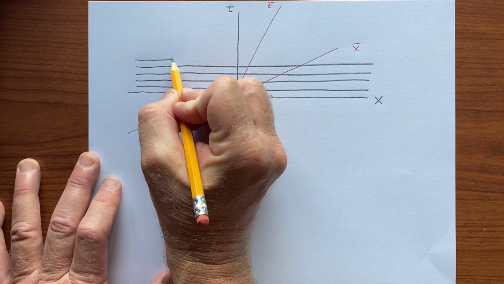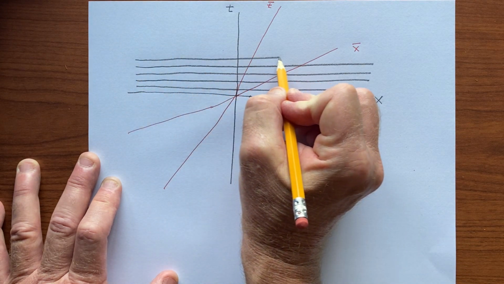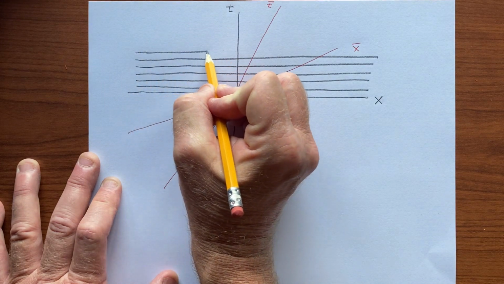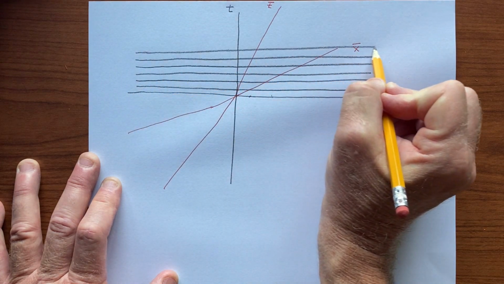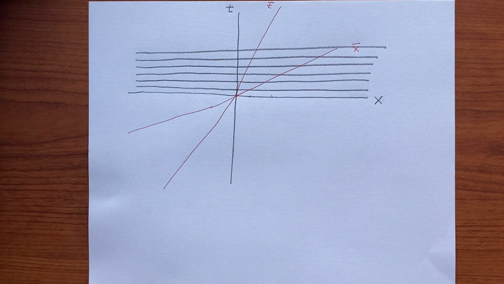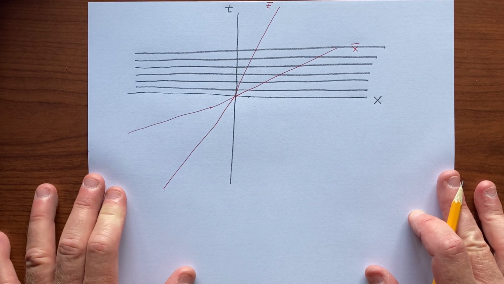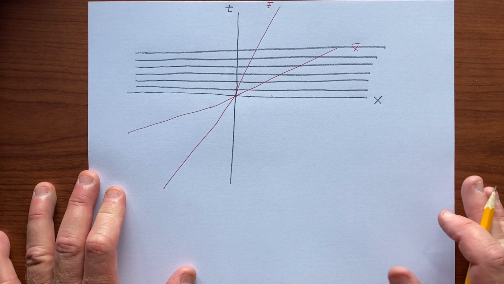These are slices of space x at greater moments in time t. Let's now put some events on here, and then we'll look at this from the perspective of x bar, t bar.